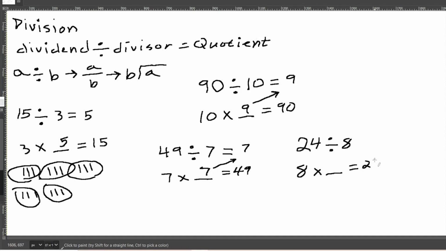And then go ahead and place your dividend in the equals. So 8 times what equals 24? Well, 8, 16, 24, right? So 3 times. So that answer would be 3.